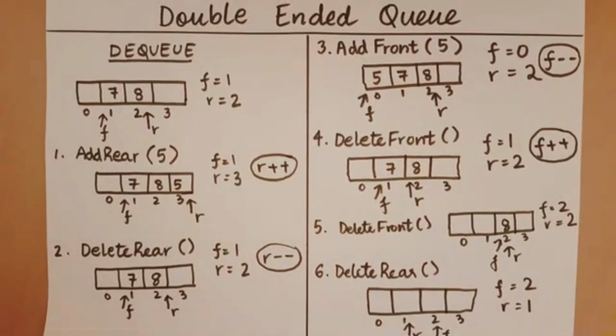Now essentially, when the front surpasses the rear, the front becomes greater than the rear, then we know that the queue has become empty.